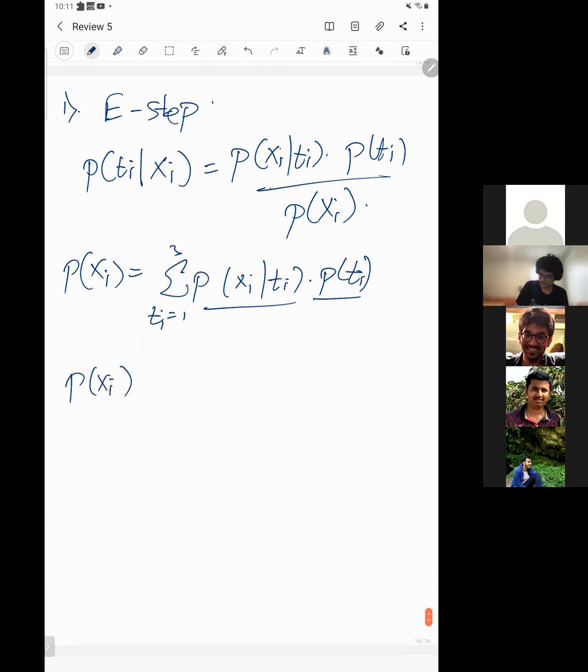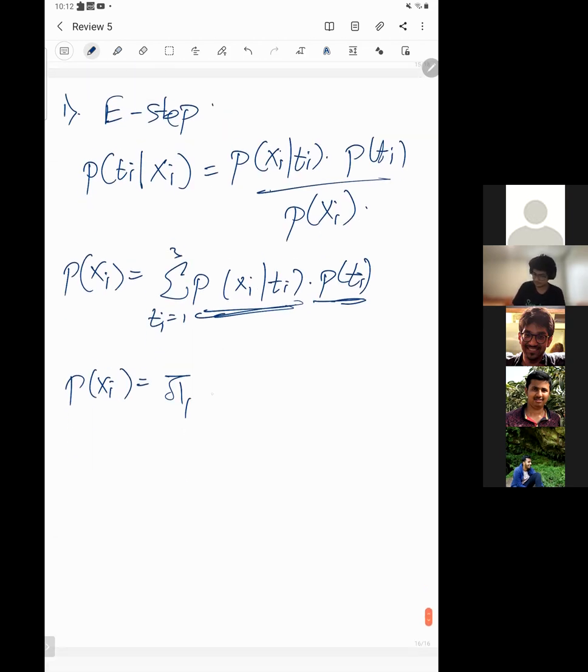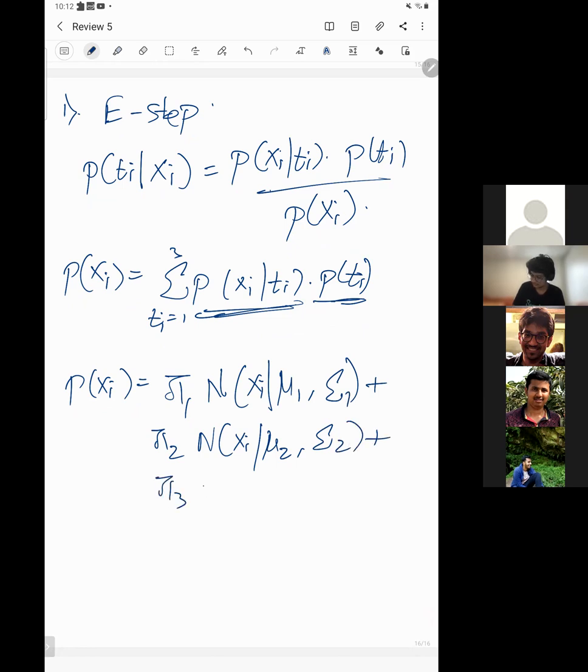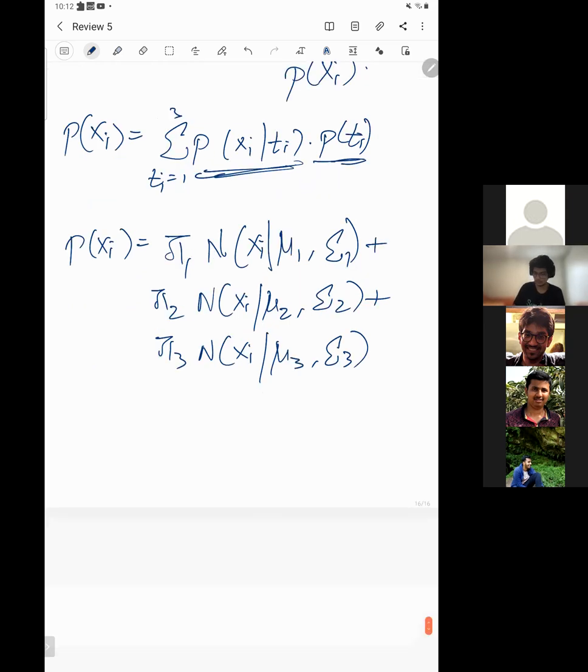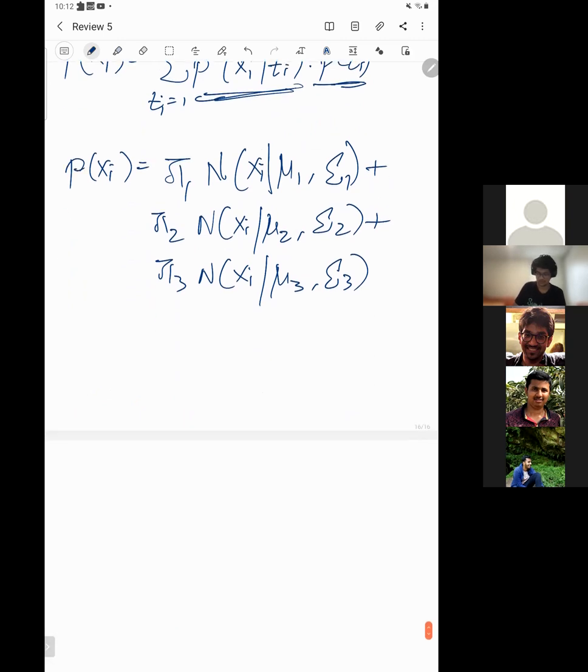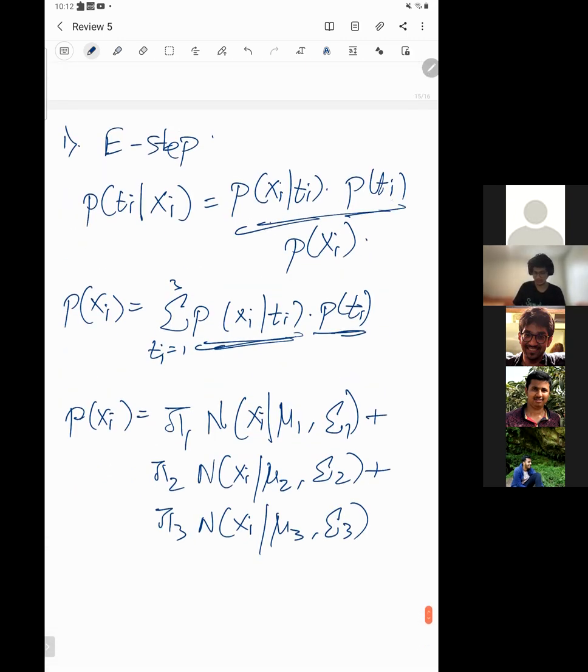So P of xi is simply: the probability of ti equals 1 is pi1, and the probability of xi given ti equals 1 is the first normal, N of xi given nu1, sigma 1, plus pi2 times the second normal, and so on. So this is the pi term, and then we already know this thing and this thing. So we directly obtained a distribution for Q.